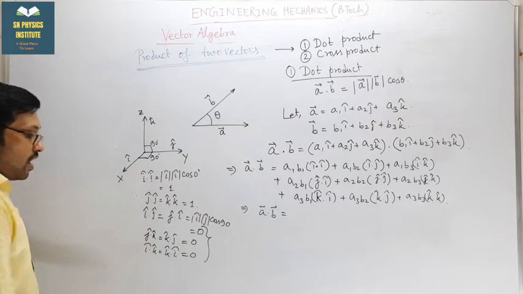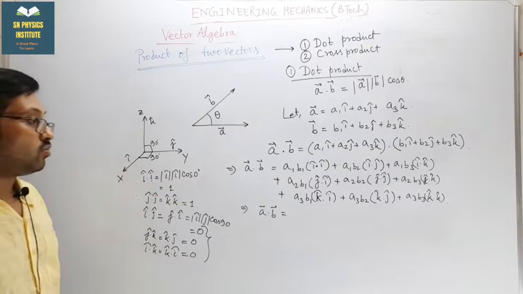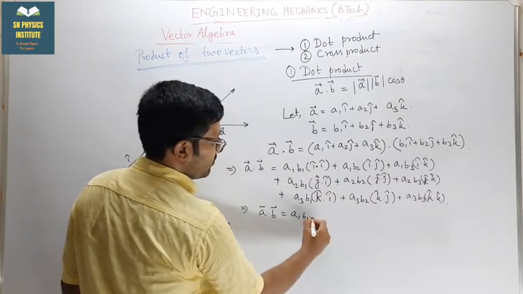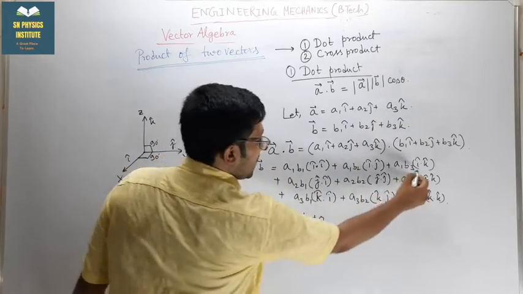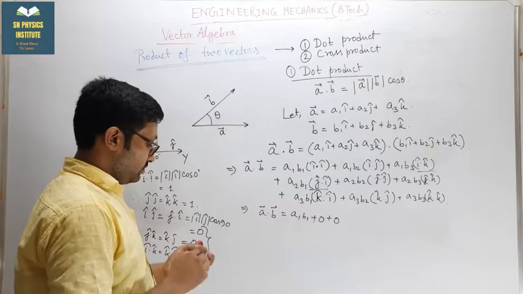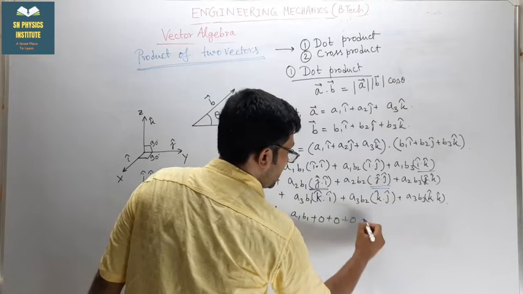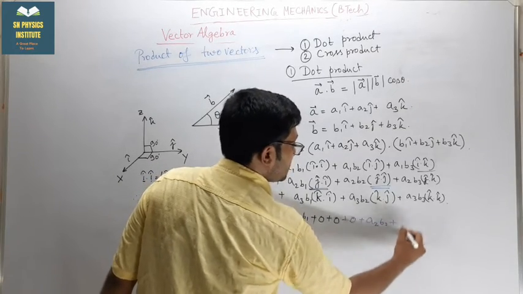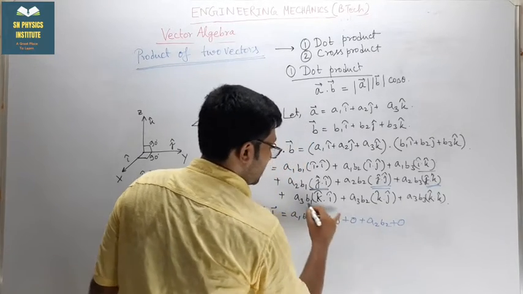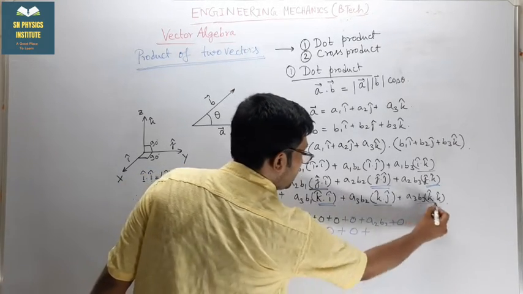So the dot product of unequal vectors is equal to 0, and the dot product of equal unit vectors is equal to 1. So see here, I am getting A1 B1, i dot i means 1, plus i dot j is 0, i dot k is again 0, j dot i is again 0, j dot j gives A2 B2, j dot k is again 0, k dot i is again 0, k dot j is again 0, and this is A3 B3.